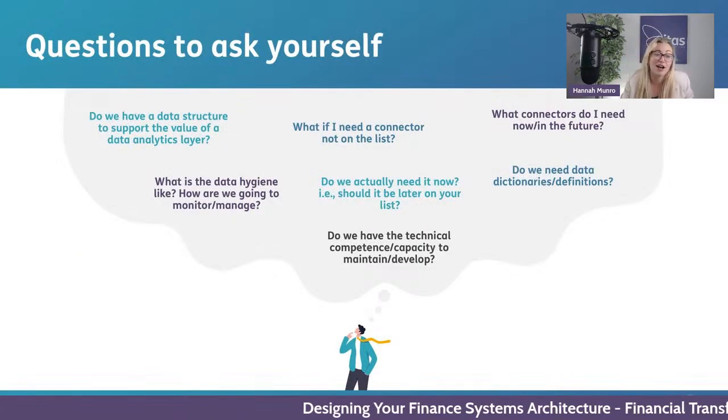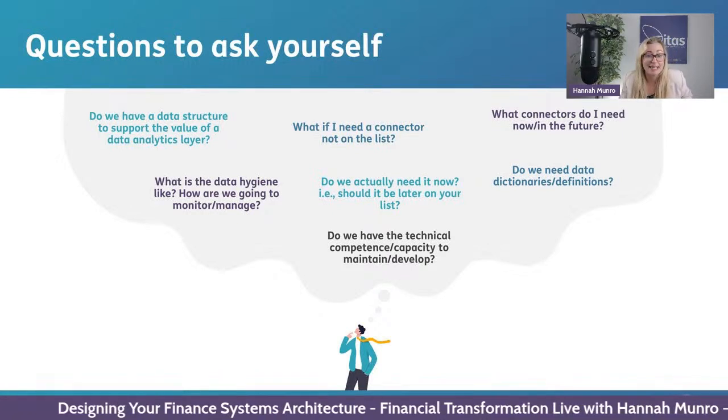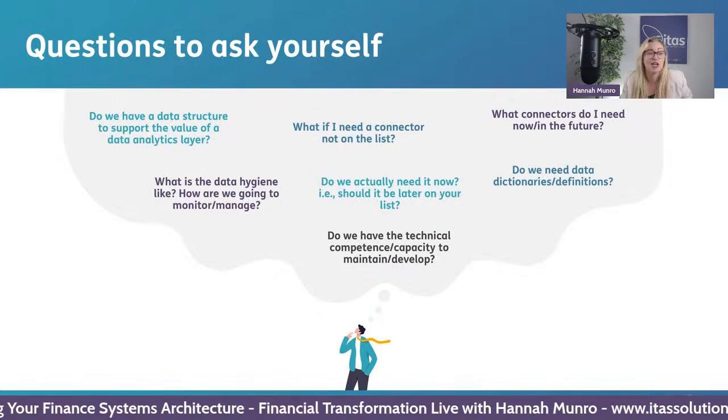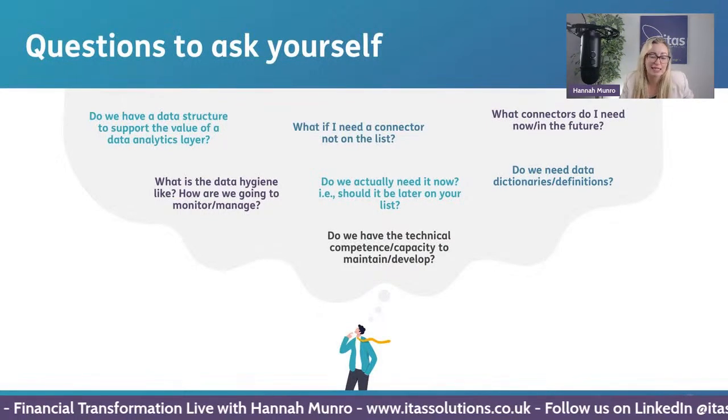The questions you need to ask yourself when thinking about whether you need a data analytics layer: do we have a data structure that supports the value of the data analytics layer?